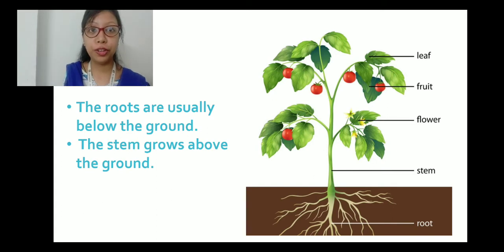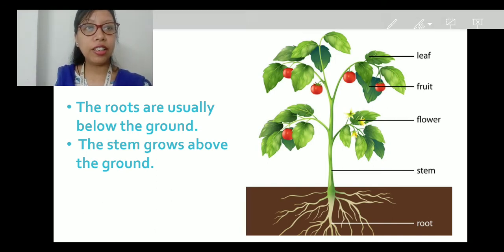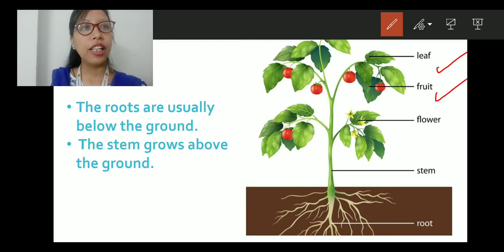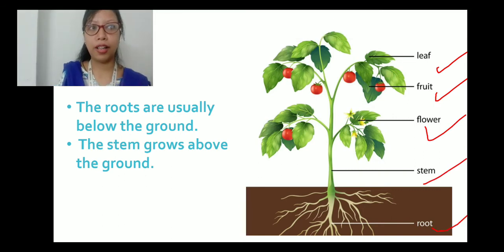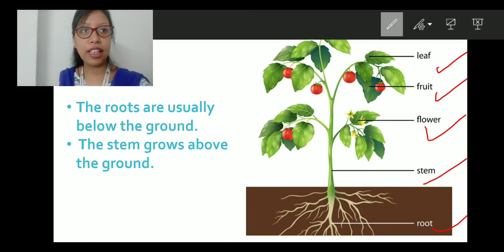Now we are going to learn it together as a plant. As you can see on the screen, this is the leaf here. Then the plant has a fruit, then flower, then stem, and then root. Now these are the parts of the plants. We have seen a leaf, right? The stem is this one. It is like a branch. So stem is this one.